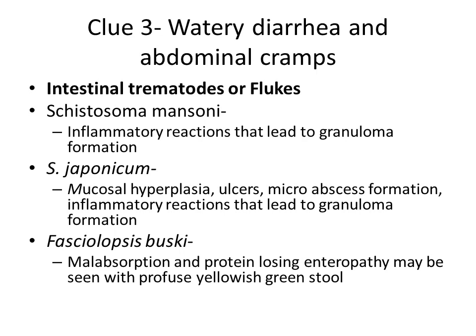When we consider Fasciolopsis buski, it produces malabsorption and protein-losing enteropathy, and the other evidence is that it produces yellowish green stools, so there is no possibility of Fasciolopsis species.